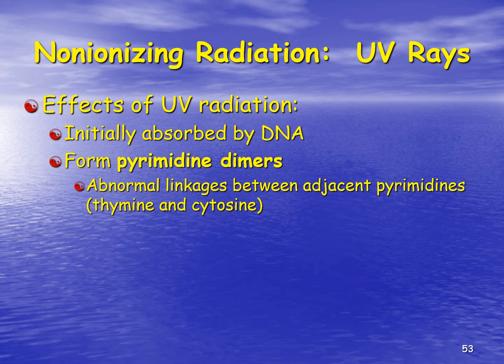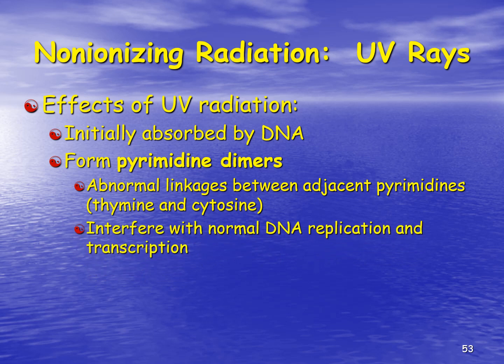So if I have two thymines next door to each other on one side of the DNA, they can unlink from their adenines on the other side and cross-link with each other. This causes a change in the shape of the DNA and will interfere with normal DNA replication and transcription. And this can then lead to inhibition of the organism or even to death.